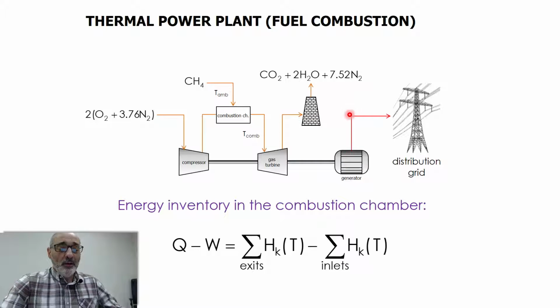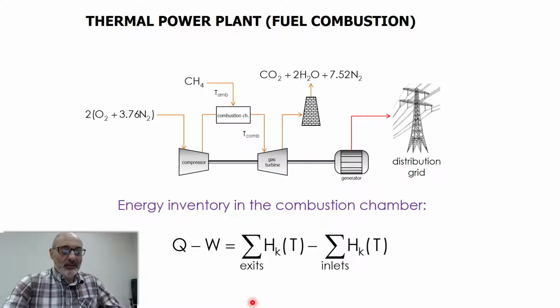Well, the equation that you're going to use to calculate that is the first law of thermodynamics, based on a control volume around the combustion chamber. Okay, so that's the first law of thermodynamics: heat minus work equals the net output of energy associated with the mass flow.